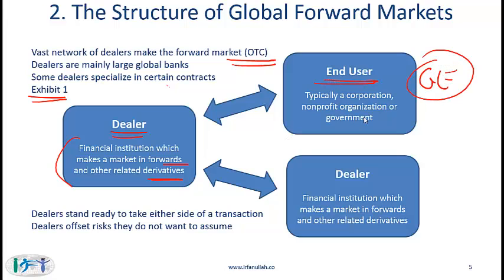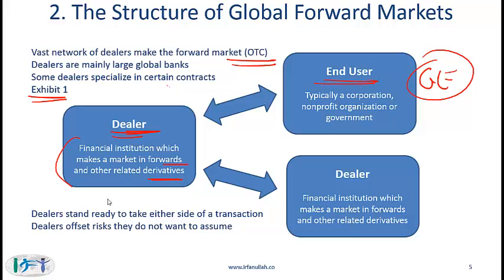Let's pick General Electric again. If General Electric is going to receive 20 million euros from a European subsidiary and wants to hedge that risk, then it can approach a dealer, let's say Merrill Lynch, and take a position such that it hedges its foreign currency risk.